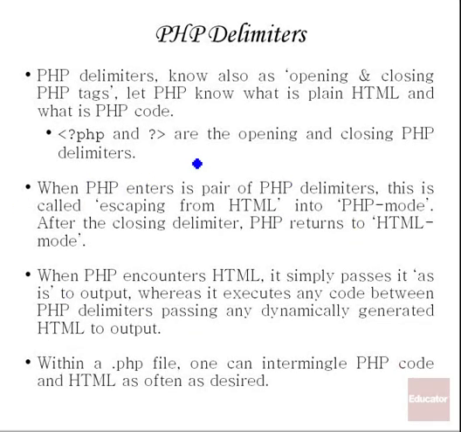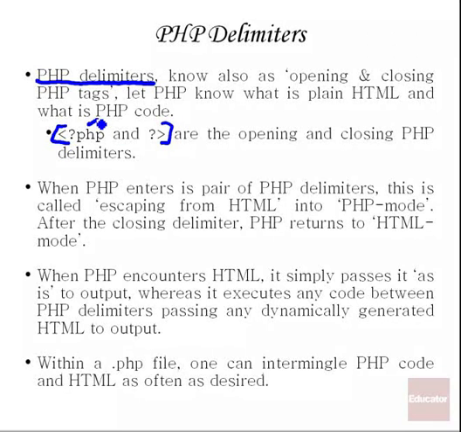So how does PHP know when it receives a .php file as its input what's PHP code and what's HTML? And the answer is in what are known as PHP delimiters, also called opening and closing PHP tags. Basically these are special tags that inform the PHP interpreter that it's about to interpret some PHP code. And the pair of tags are right here.